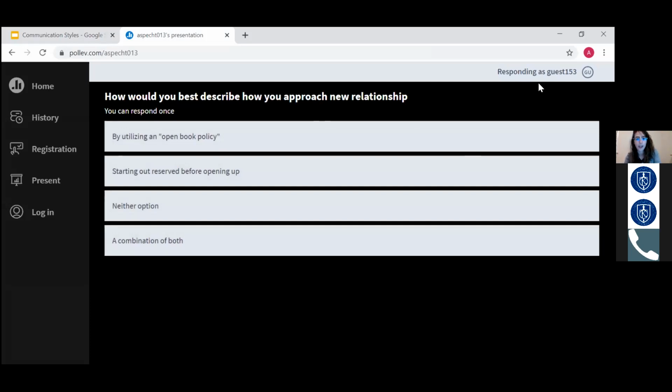So the first question that we have is, how would you best describe how you approach new relationships? By utilizing an open book policy, starting out reserved before opening up, neither of the options, or a combination of both the options?